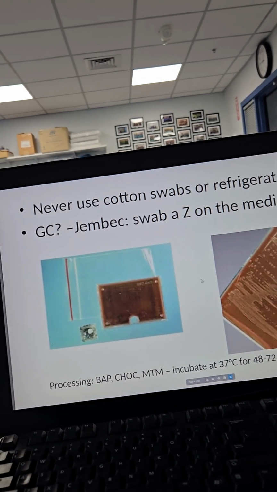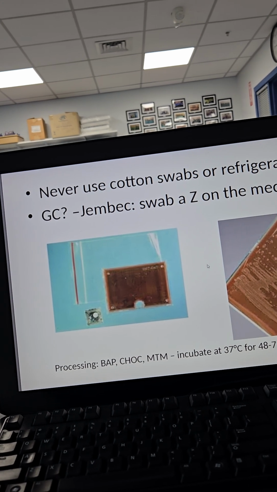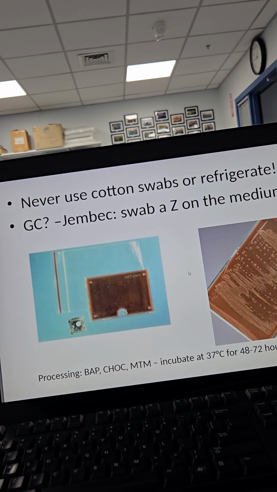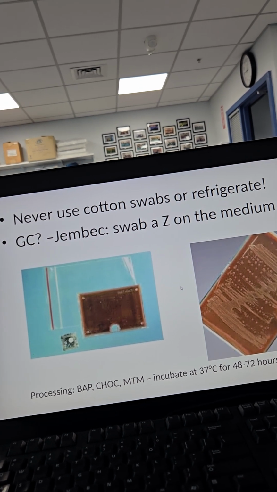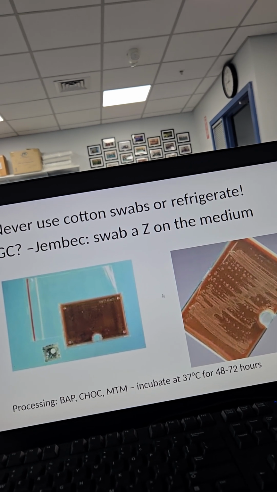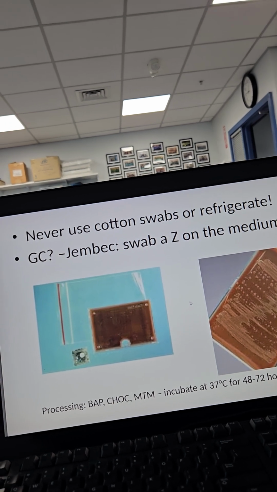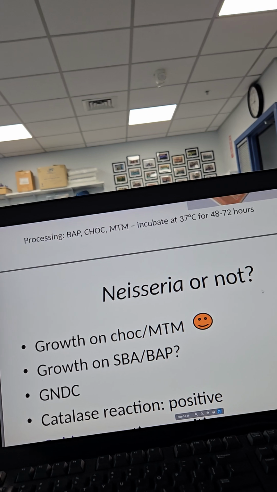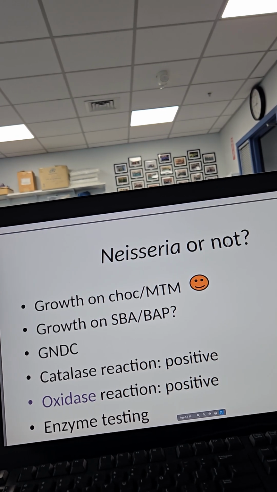Most cultures are held for 48 hours. Sometimes if you start seeing little tiny growth at 48 hours, you might want to keep it that extra day just to make sure that it isn't something, because some of them grow a little bit slower than others. So, is it Neisseria or isn't it Neisseria?